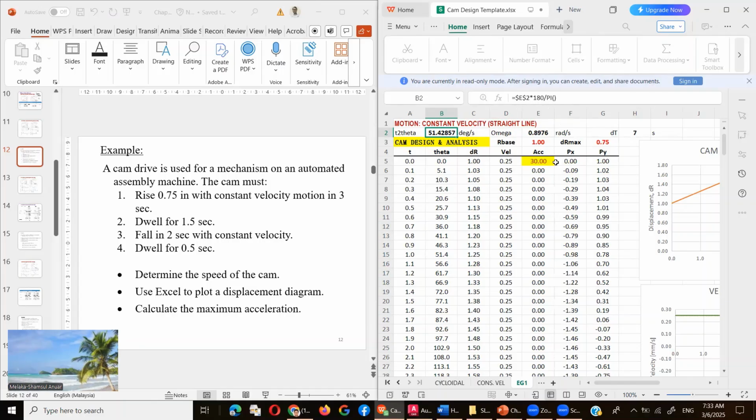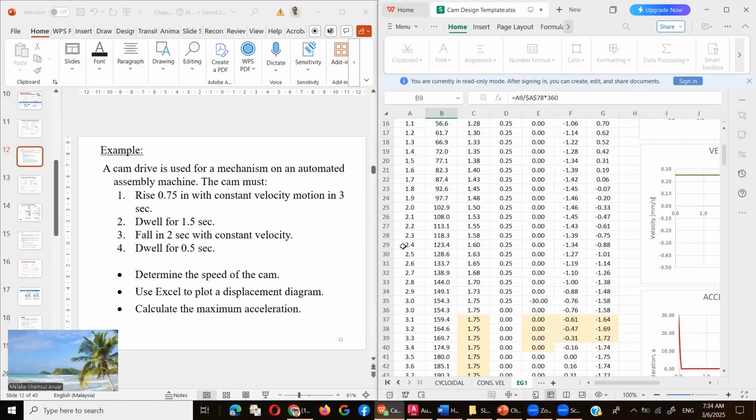Because the original question gives you, like, this is 3 seconds, so 3 seconds will correspond to how many degrees? So you have to see that. So I guess for that delta is 51.42 degrees per second, so meaning if you take 3 seconds, that will correspond to 154.3, 154.3.